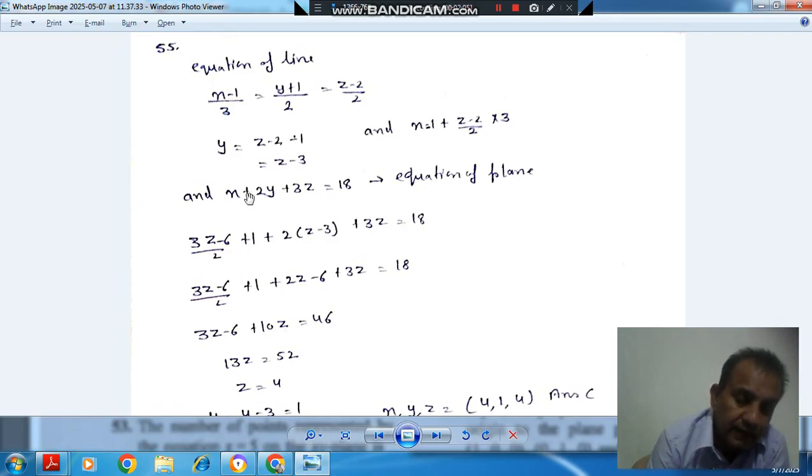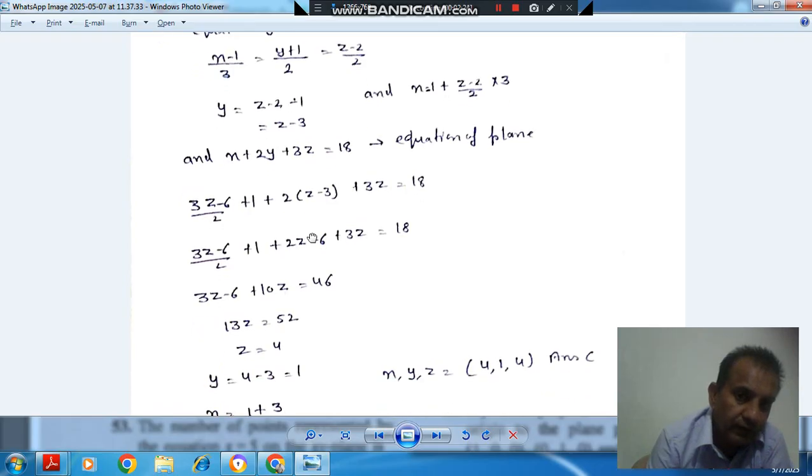It means the line and plane will have to satisfy both these equations. From these equations we have derived y and x in terms of z, and now we put the values of y and x here in terms of z, and we'll find out the value of z.